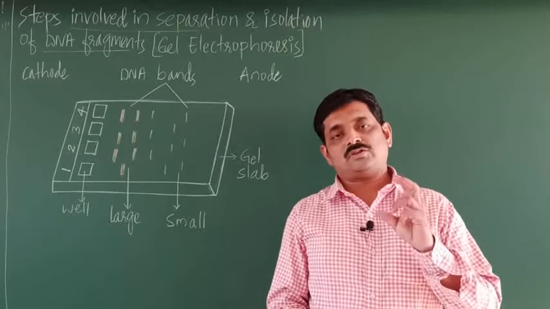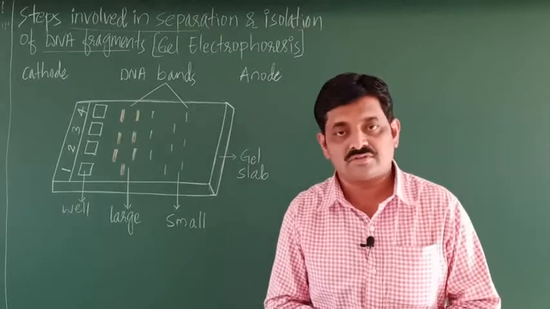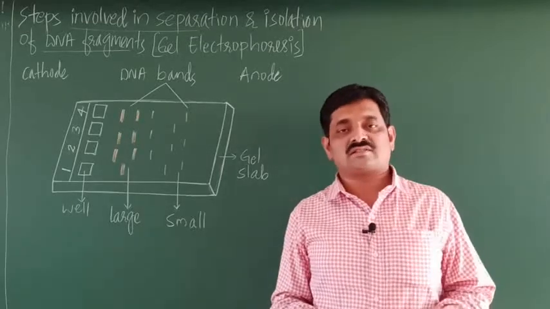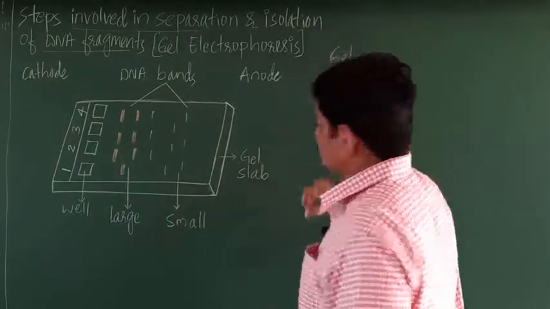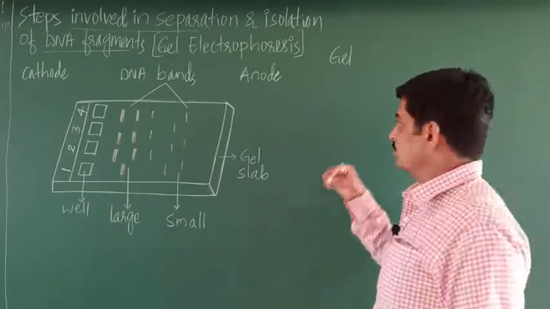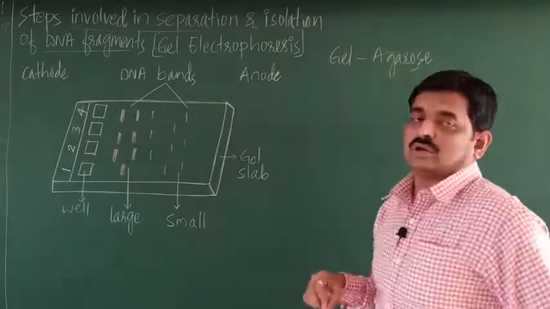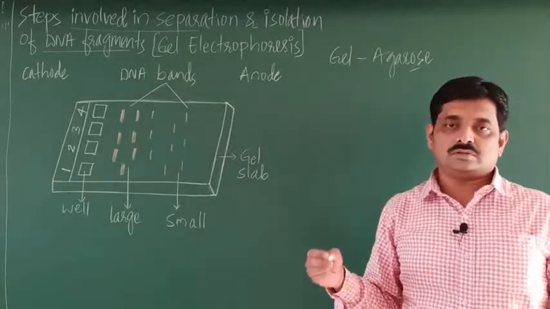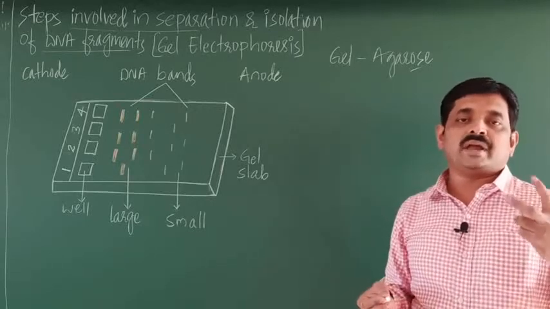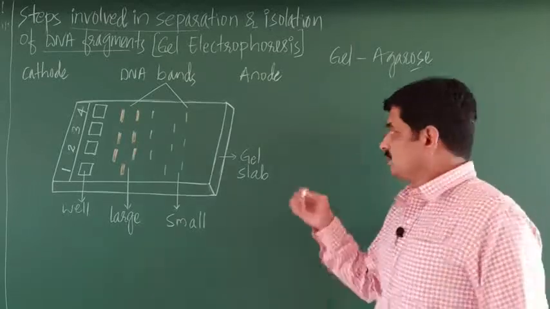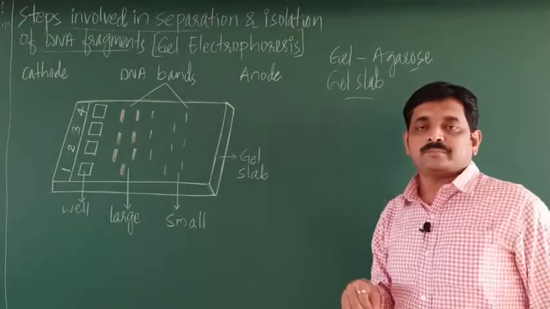Now here, gel electrophoresis is a technique that involves a gel or a gel slab. Right? It is a technique that involves a gel that is called agarose or agarose gel. Now this gel is made into a rectangular slab, which is also called gel slab.